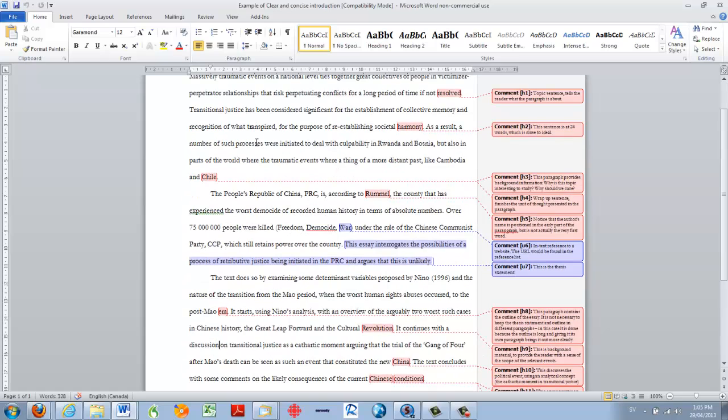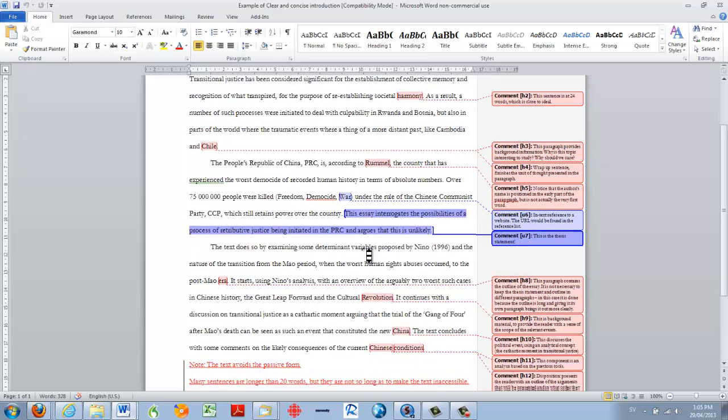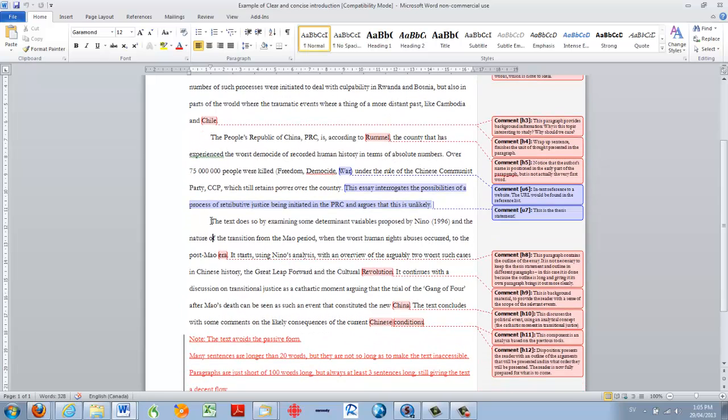And then comes the paragraph where I have put the thesis statement, which is right here, the final sentence in the second paragraph. And then follows the outline right here, which is essentially the rest of this introduction.